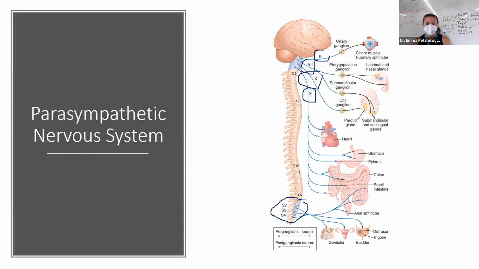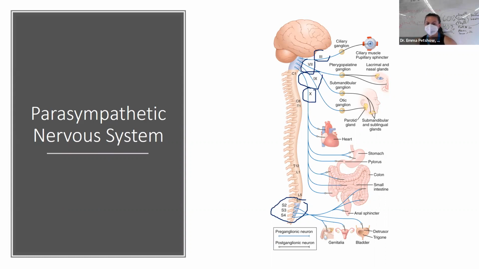It's important to know. 3, mainly focusing on our ciliary muscles and pupillary sphincter, so being able to constrict or dilate our eyes, right? 7, associated with more of our glands, and also a little bit with the submandibular ganglion, so digestion, mastication, saliva, right? Because we're thinking digestion for parasympathetic. 9, more of our otic ganglion, so some of our other sensations, like hearing, and also parotid glands, so other components of digestion.